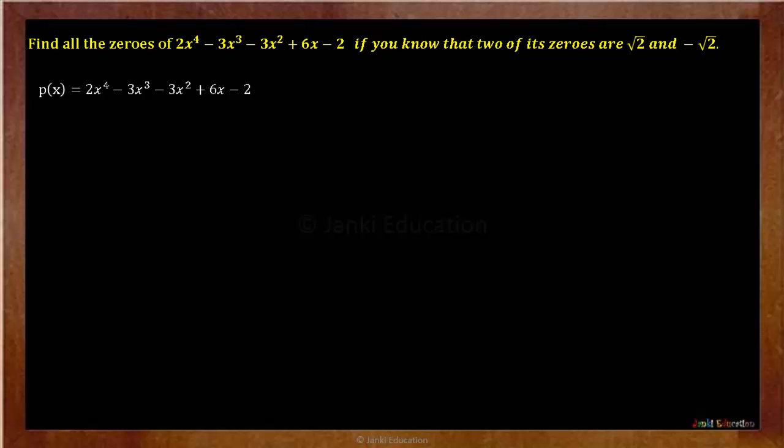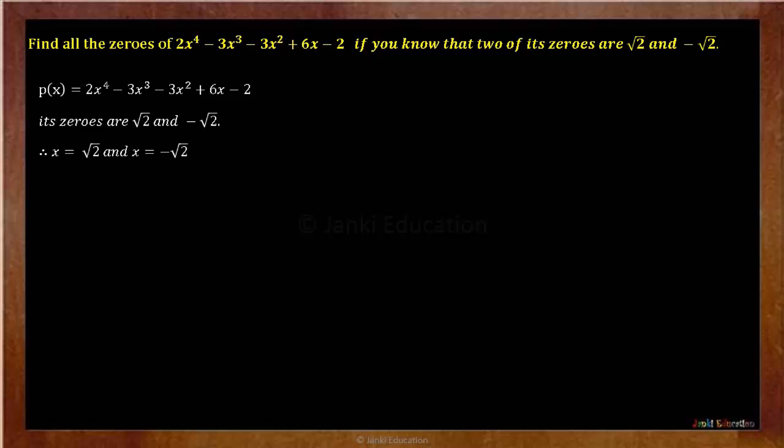We have already been given two of the zeros, that is root 2 and negative root 2. Now we have learned with the help of the example seen in the beginning of this lesson that if these two are zeros, then x is equal to root 2 and x is equal to negative root 2.